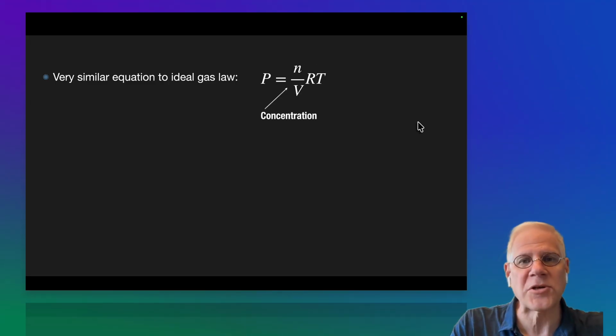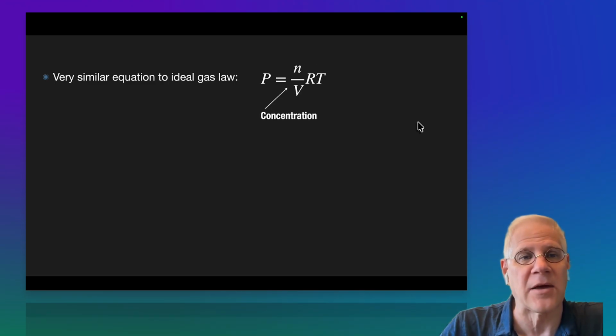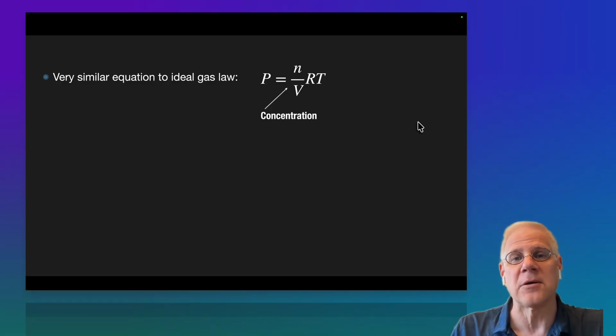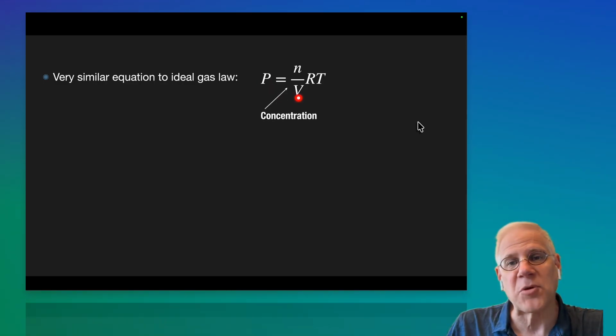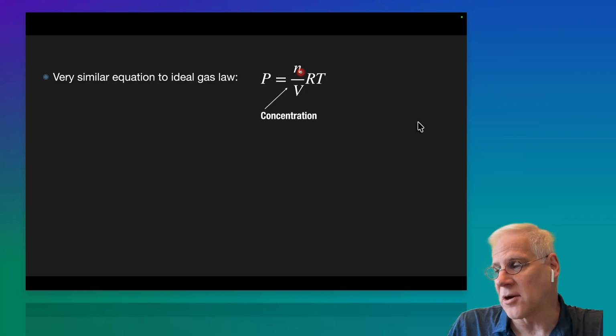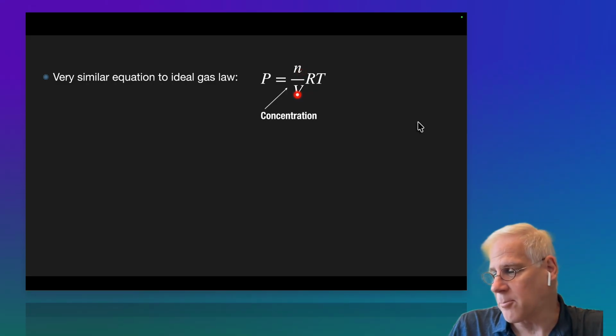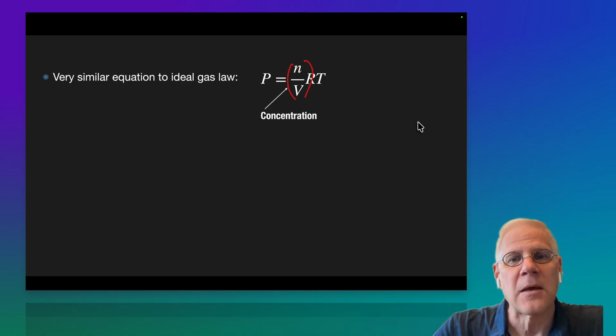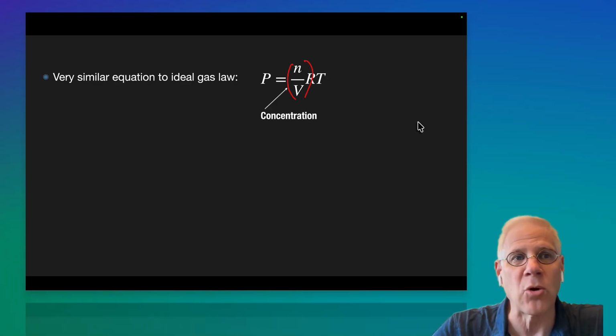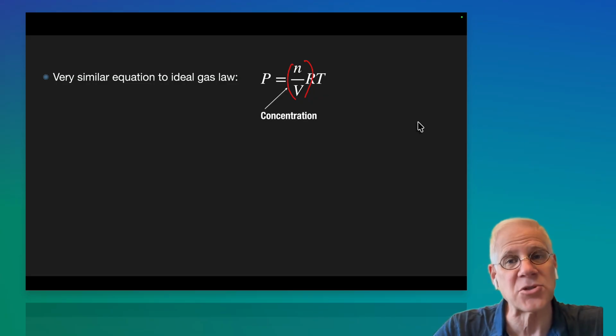So if we look at the equation for osmotic pressure, it's very similar to the ideal gas law. For the ideal gas law, we normally think of it as PV equals nRT. If we divide both sides by volume, it just moves the V over to here, so you have nRT over V. We can separate out that n over V, which gives us moles over a volume, and we know that moles over volume is a concentration.